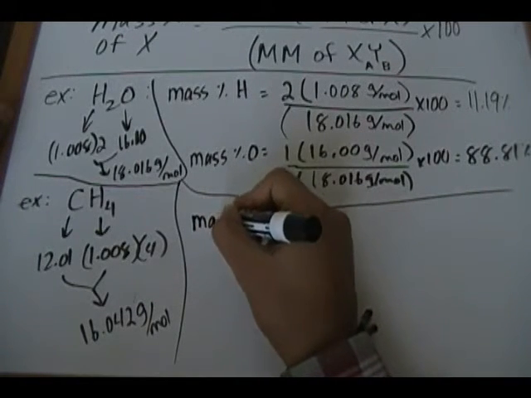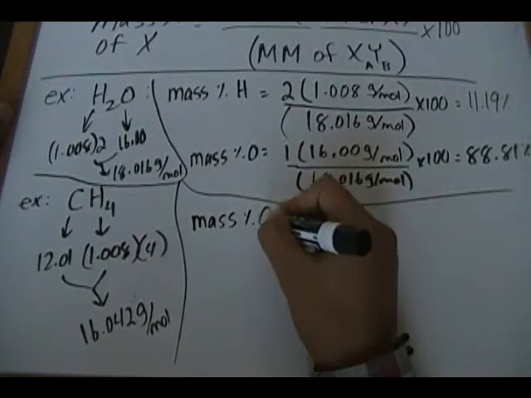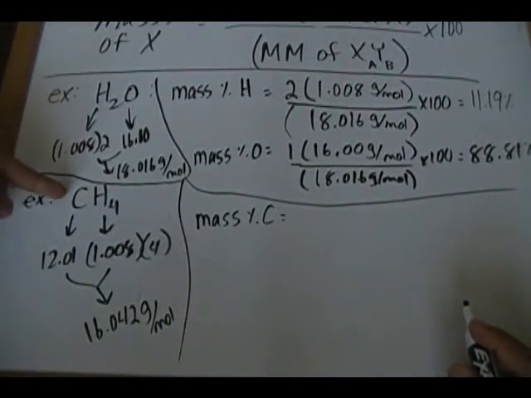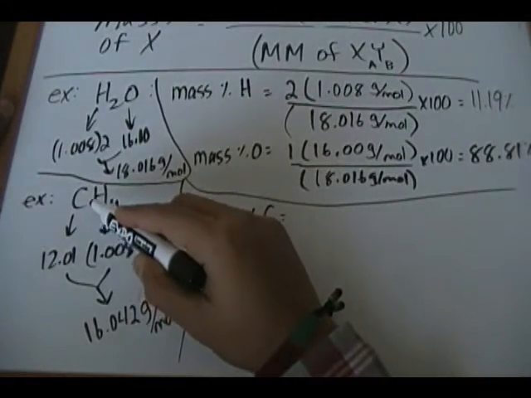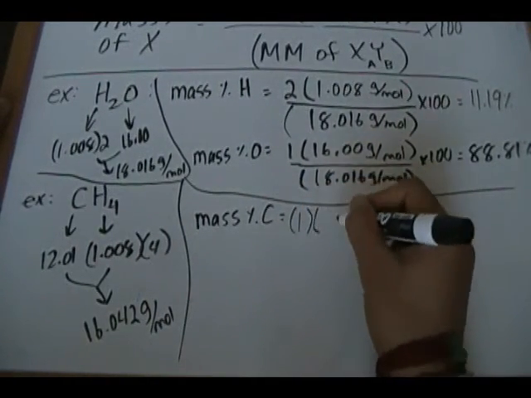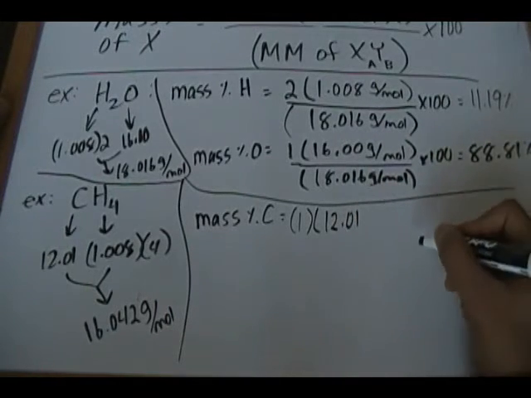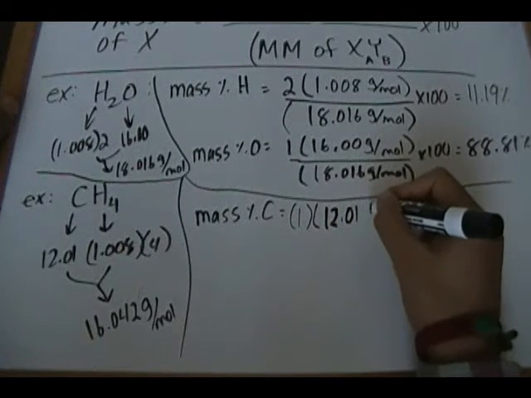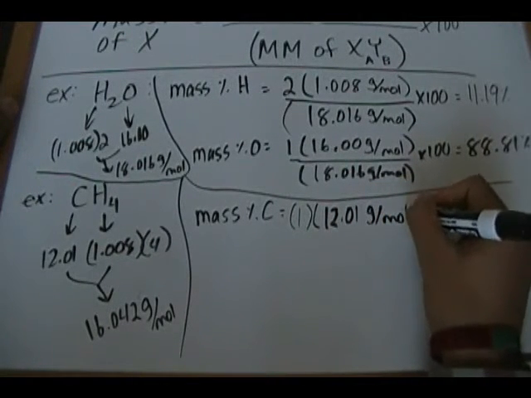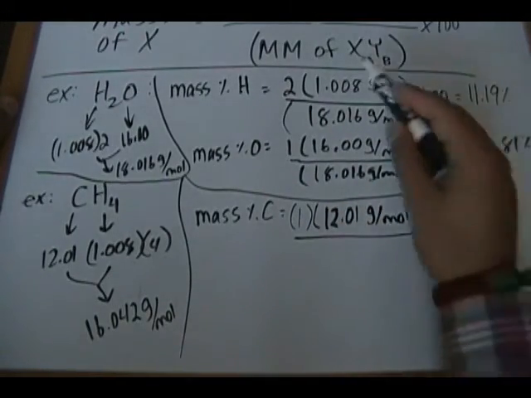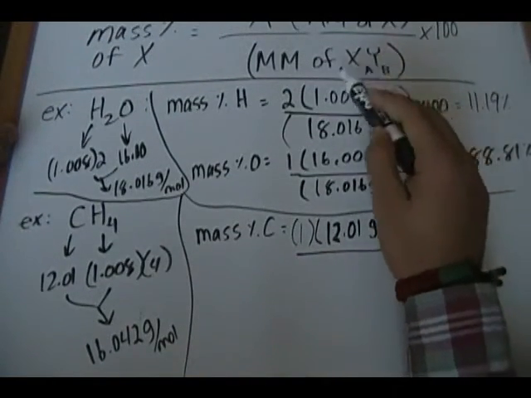So the mass percent of, let's start off with carbon, is equal to the subscript of carbon, which is going to be a 1. And when you don't see a subscript there, you always assume that there is a 1. So in this case it will be 1 times 12.01 grams per mole over the molar mass, right? The formula is the molar mass of the molecule.